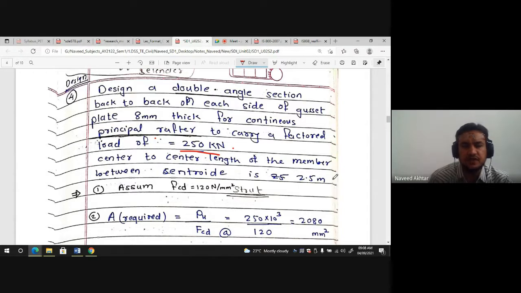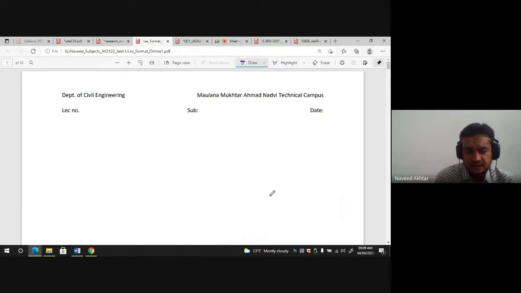The center to center distance of the member is 2.5 meter. So this example we will solve.